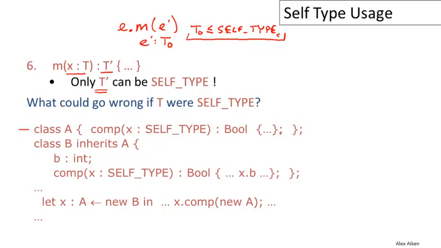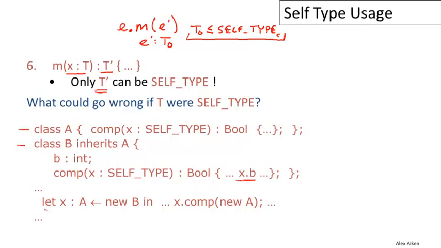The idea here is that the comparison operation probably compares this parameter with the argument and returns true or false. Then there's a second class B, and B is a subtype of A. It inherits from A, and it has one new field, little b here of type int. Now the comp function in class B is overridden. It has the same signature as the comp function in class A, but the method body here accesses the field b.